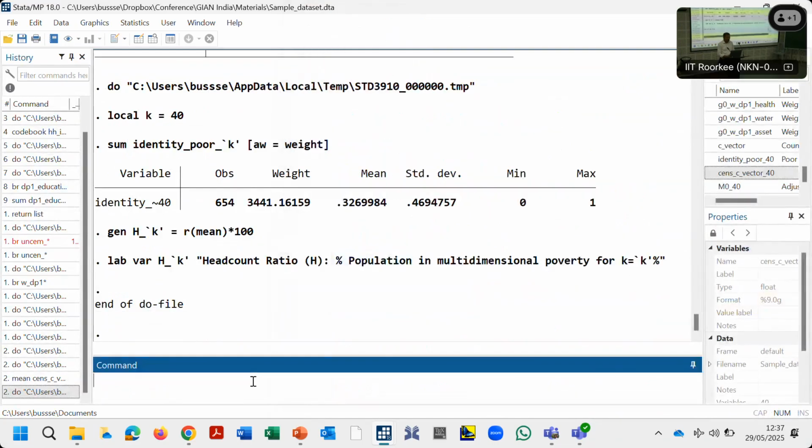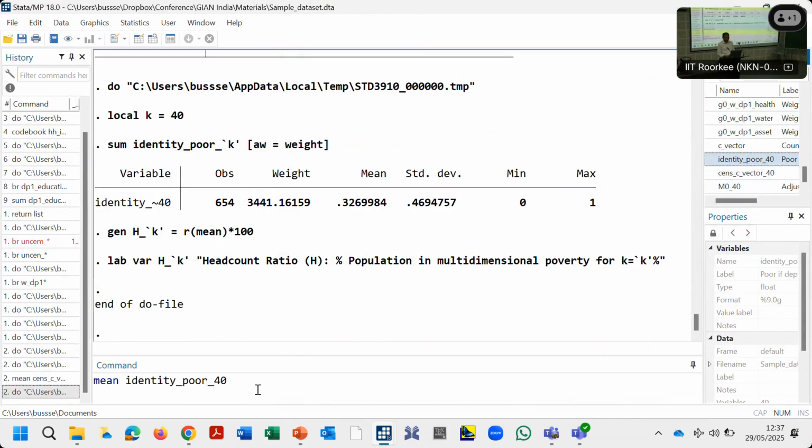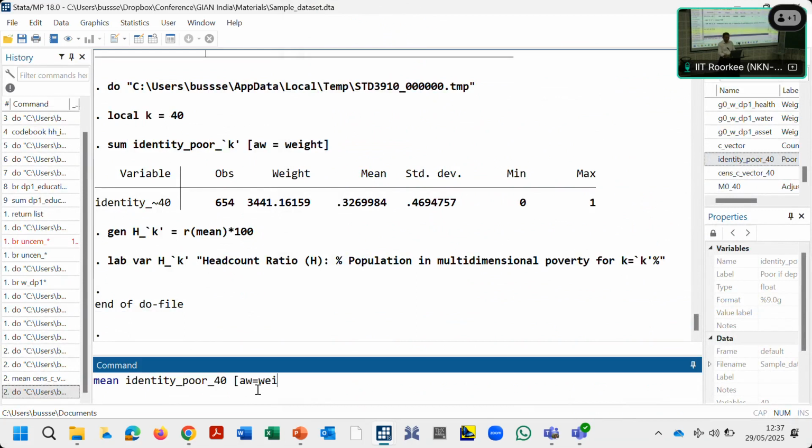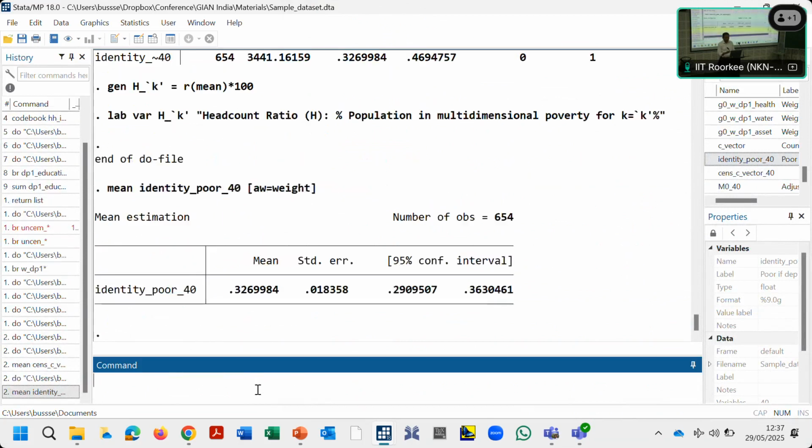Now, if you just want to compute the confidence interval and everything, again, mean, and then you select the variable identity for 40, AW equal to weight. There you go. This is your multidimensional headcount ratio, 0.32. You have your standard errors, and then you have your confidence intervals.